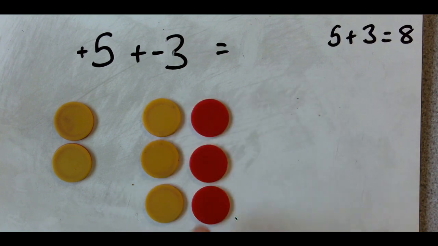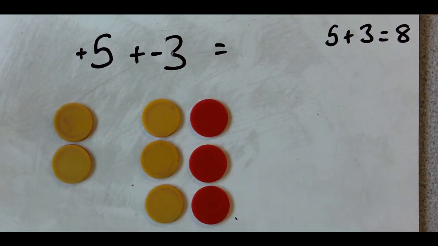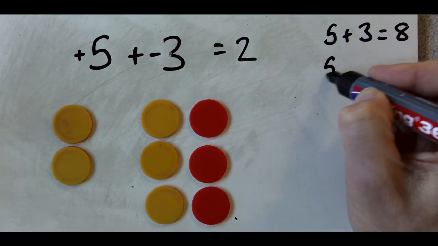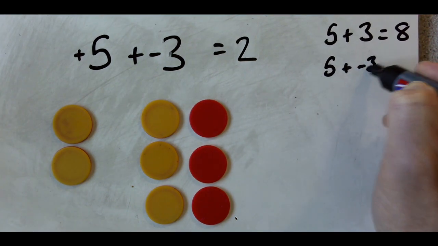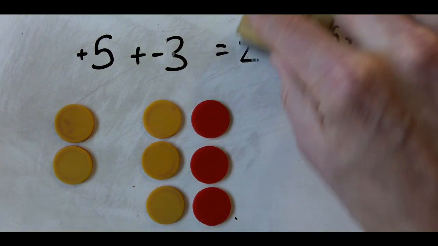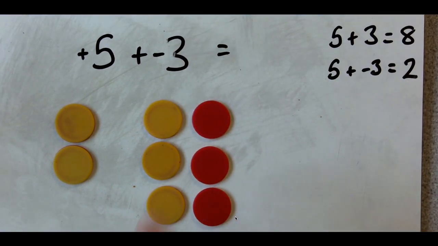So it leaves us with, this bit's 0, so it only leaves us with 2. Yeah, so 5 add negative 3 is going to equal 2. Okay, I'm going to use the same numbers all the time in a positive and negative format. So hopefully you can spot some patterns.